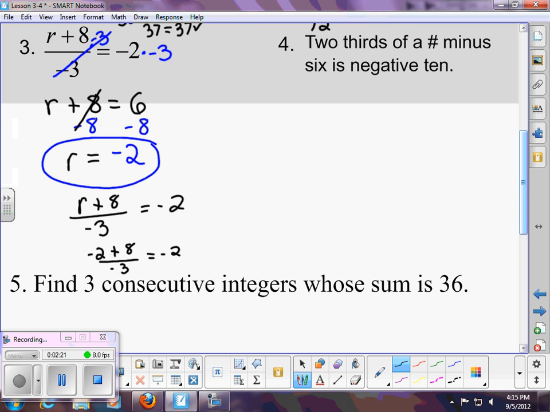In the numerator, negative 2 plus 8: same signs, add and keep, different signs, subtract. Sorry, I keep reminding you of that, it's really important not to forget. Different signs, so we will subtract. 8 minus 2 is 6. Use the sign of the bigger number. 8 was positive, so that should be a positive 6.